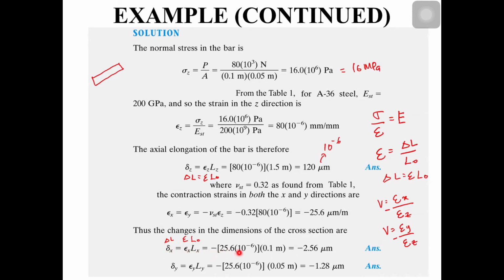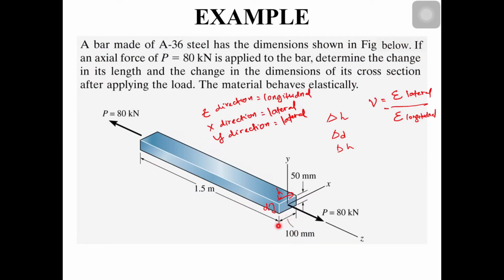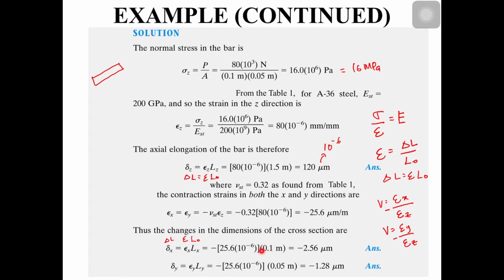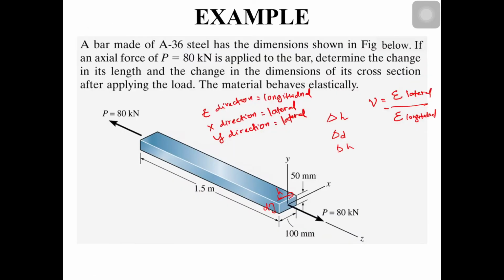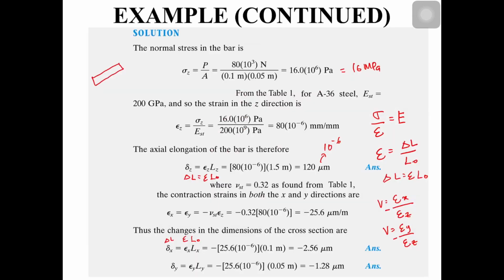In the x direction, we have minus 25.6 times 10 to the power of minus 6, times 0.1, which is the length in the x direction, Lx. Then delta y is also the same: minus 25.6 times 10 to the power of minus 6 times 0.05 meter, because the y direction is 50 mm. You get minus 1.28 micrometer.